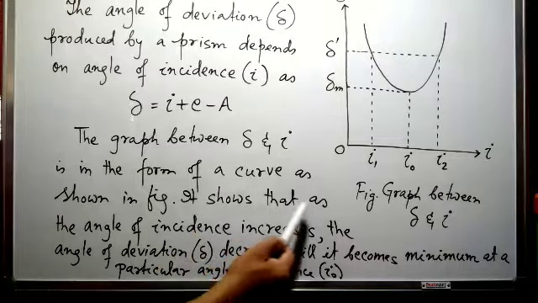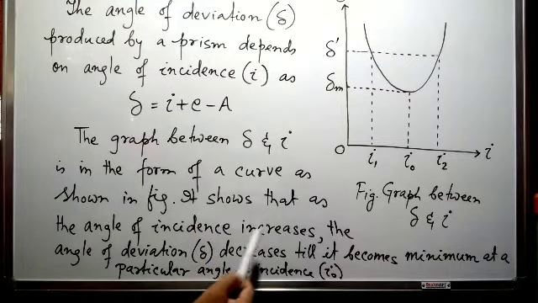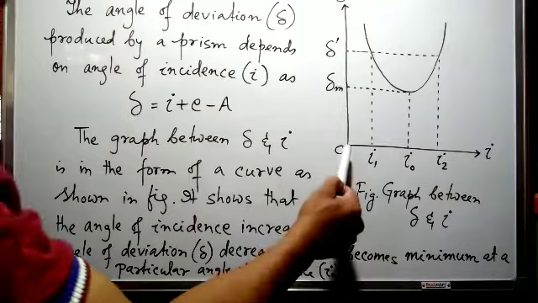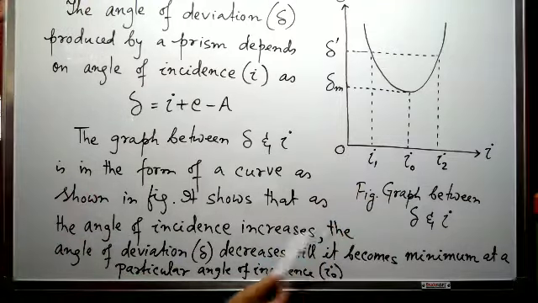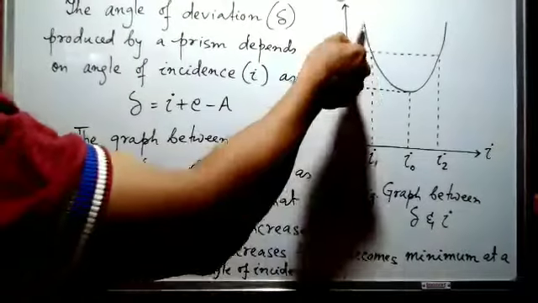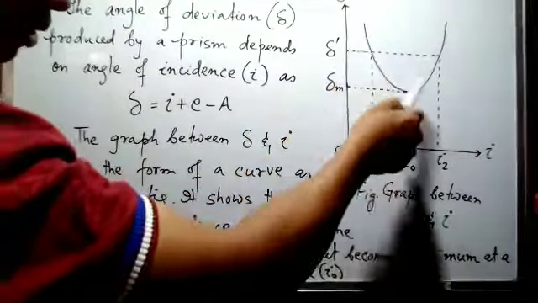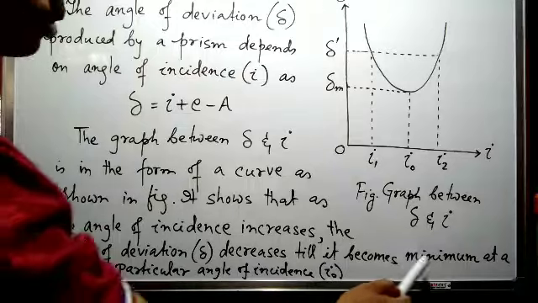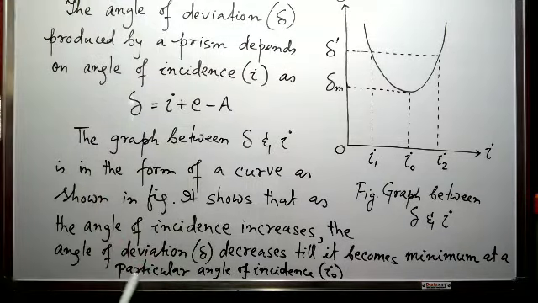It shows that as the angle of incidence increases, the angle of deviation delta decreases, and keeps decreasing till it becomes minimum at a particular angle of incidence I naught.